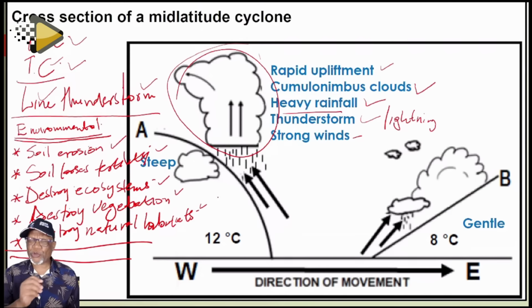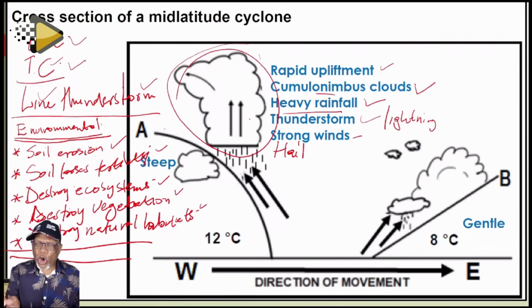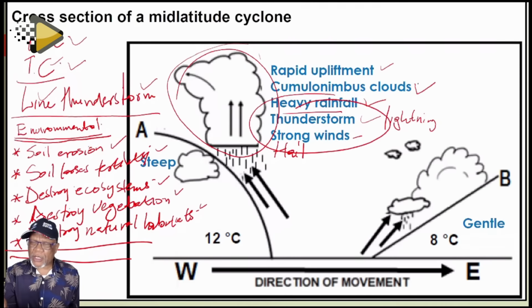And what you must know about cumulonimbus clouds is that they are associated with rapid upliftment. They develop because of rapid upliftment. They are associated with heavy rainfall, and you can also add hail, thunderstorms and lightning, and strong winds. So all these weather conditions are the conditions that can be associated with the impacts.